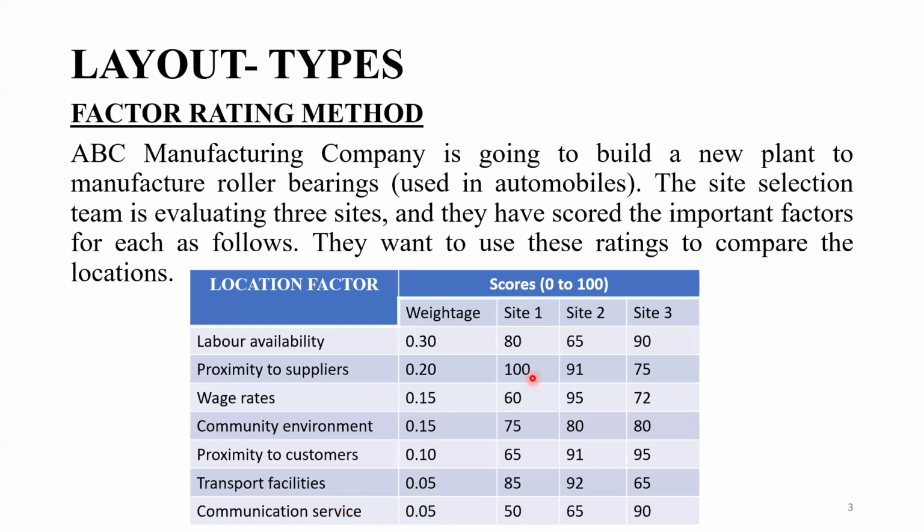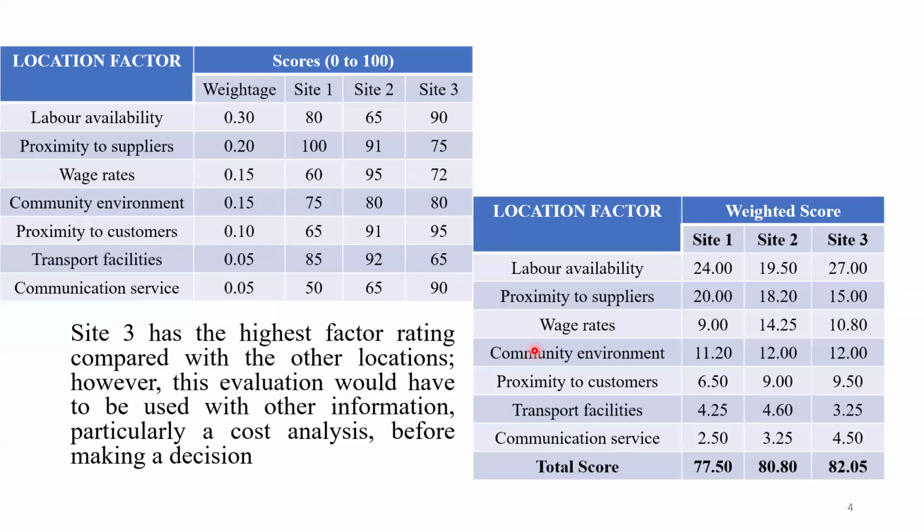For each site, I have a scoring, which depends on your weightage and the availability at the particular site. I have the question right here, and it is simple. You just multiply the weightage by the site score.